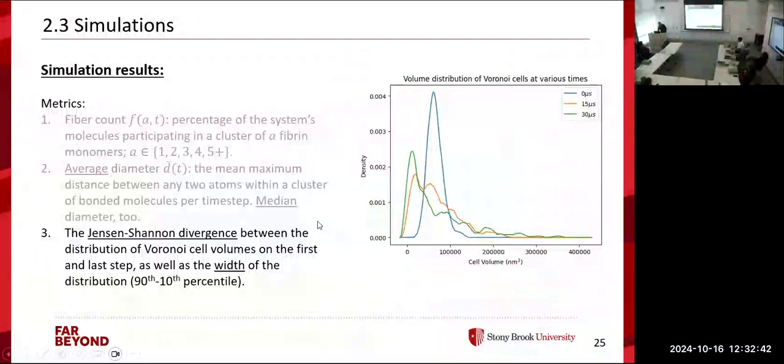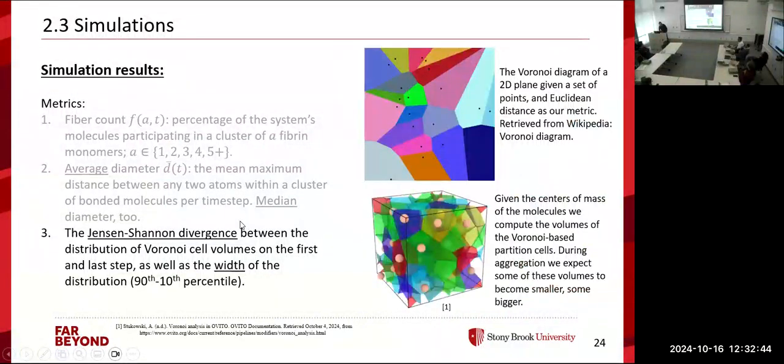We want to quantify this aggregation. We're going to borrow an idea from computational geometry, the Voronoi diagram. You partition a plane in such a way that each point inside this region is closer to this point than any other point.